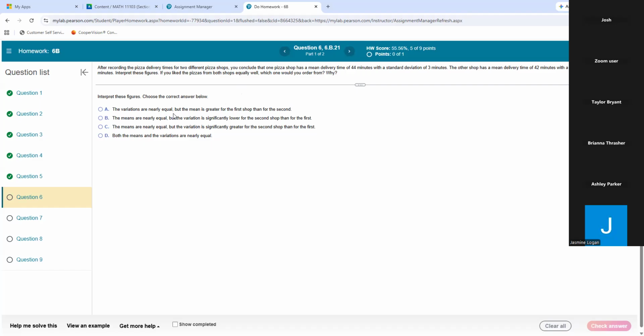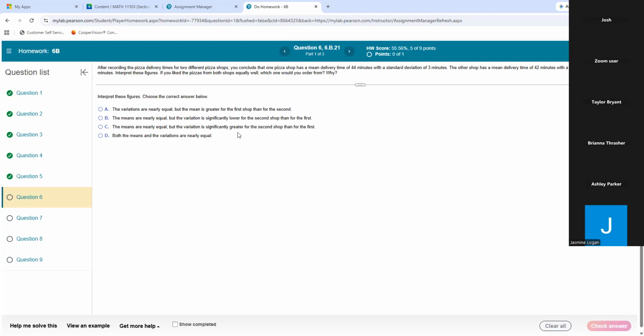All right, so the variations are nearly equal, but the mean is greater for the first shop. No. The means are nearly equal, right? 42 and 44, but the variation is significantly lower for the second shop. Well, no, y'all, the second shop had 18-minute variation. So let's see, the means are nearly equal, but the variation is significantly greater.